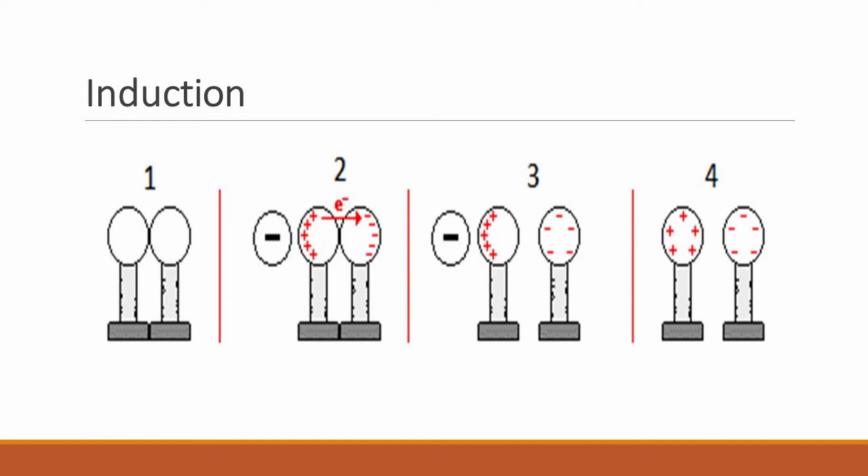And on position 4, we take away the negatively charged object, and we see that the object on the left gets positive charge and the object on the right gets negative charge. So in this way we can charge objects without having to get into contact with an object that is already charged.